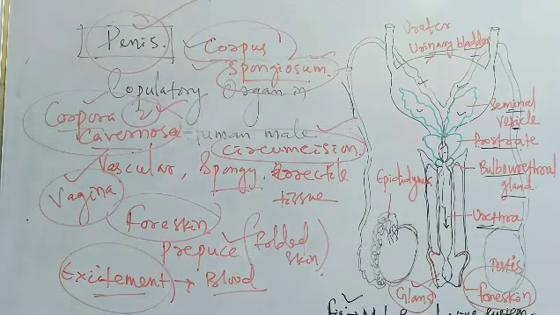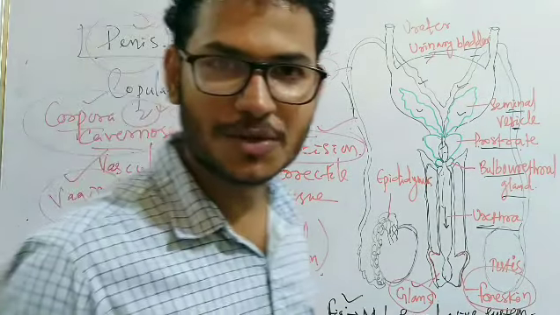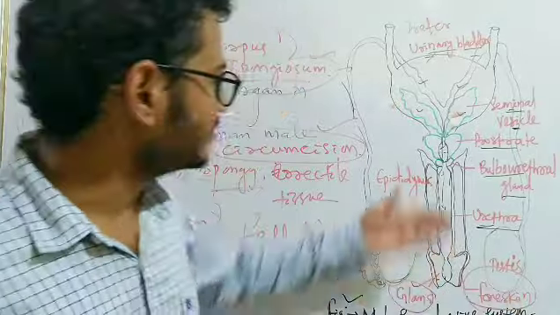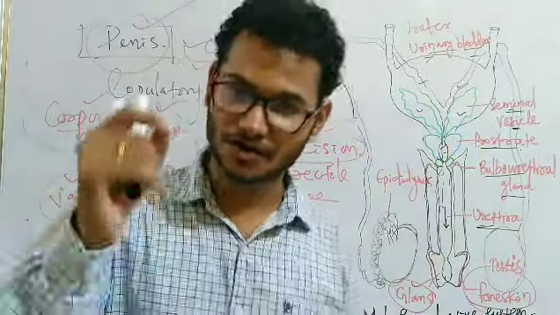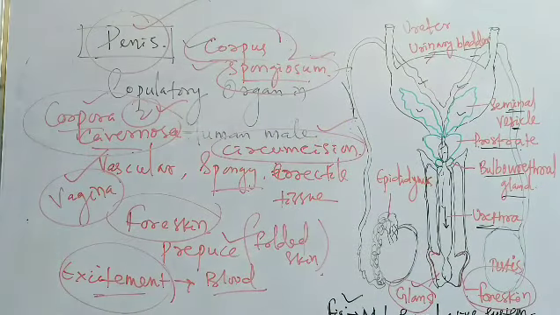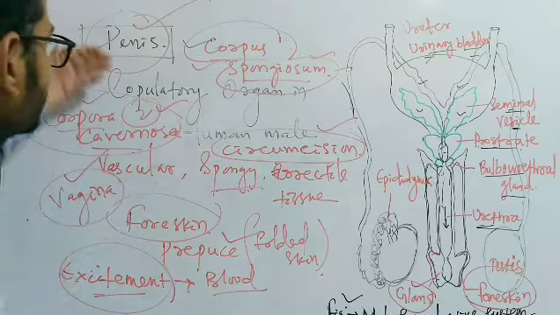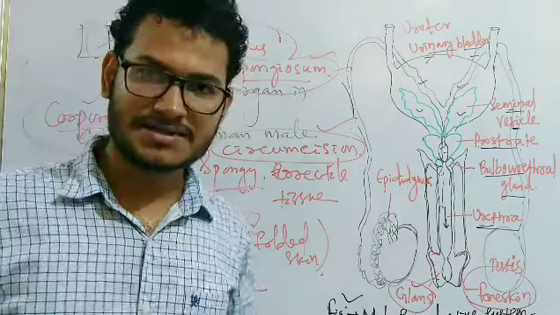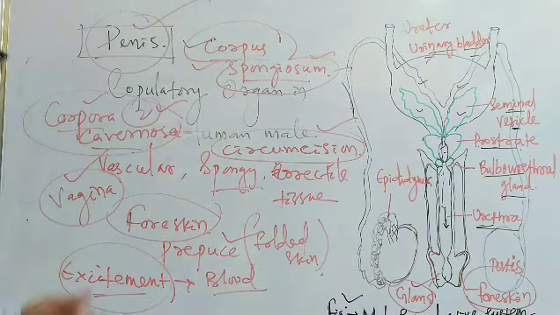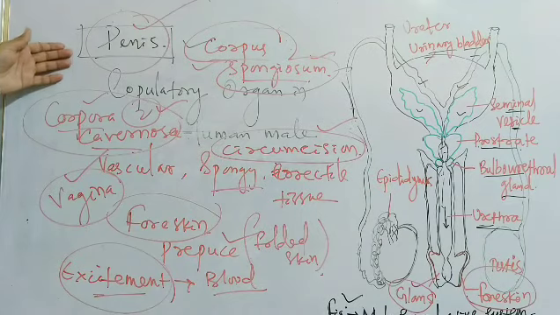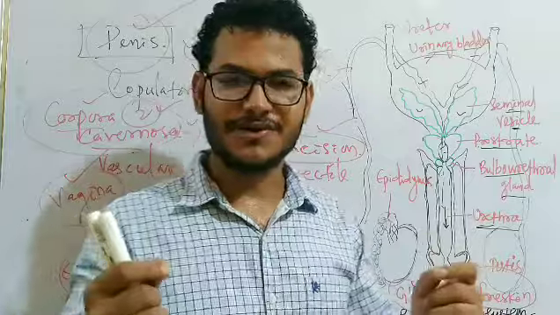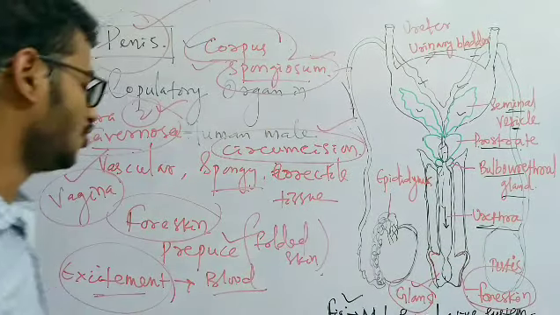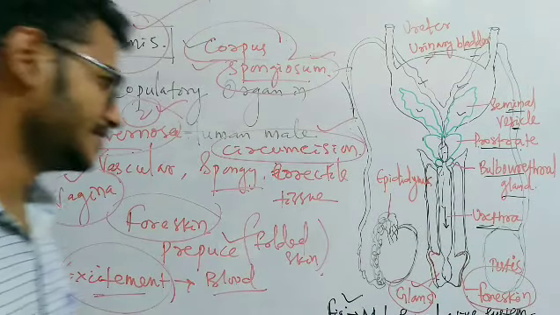So this is all about the different glands of the male reproductive system, like the seminal vesicles, the prostate, and the bulbourethral gland or Cowper's gland. We have also discussed ejaculation, how the penis is structured, and how it delivers the semen into the female genital tract.